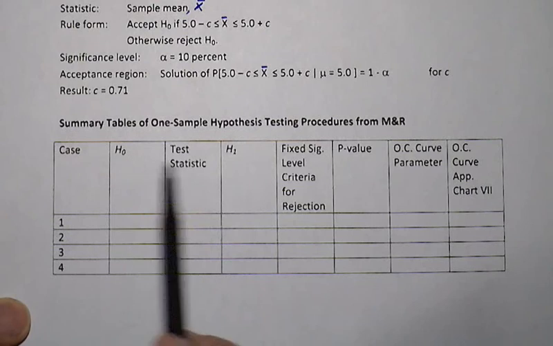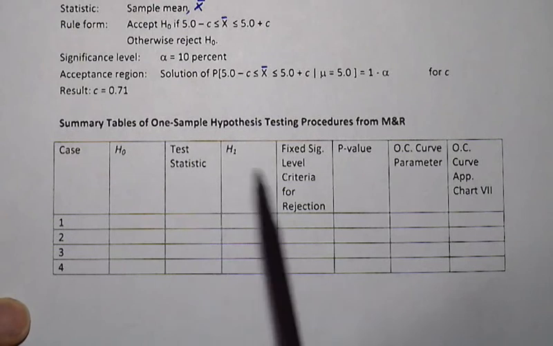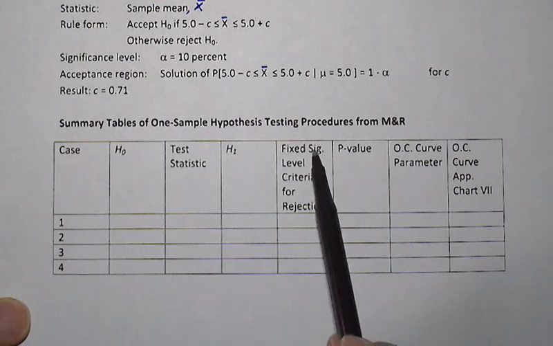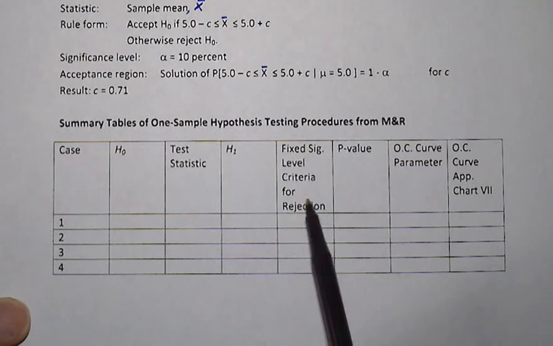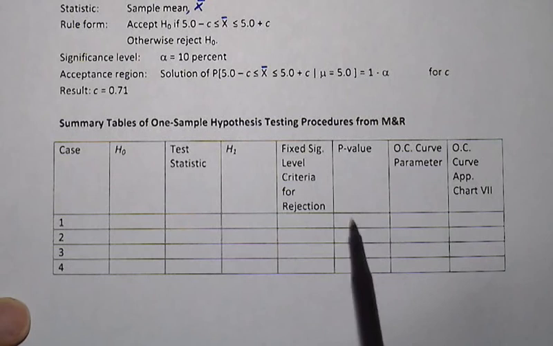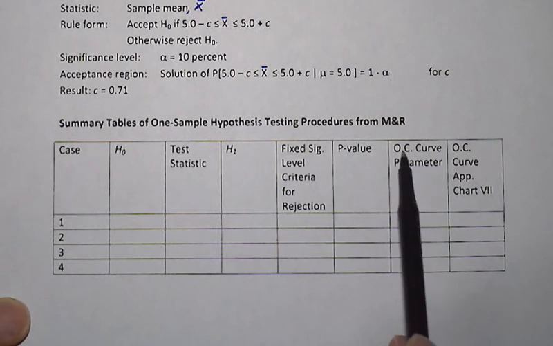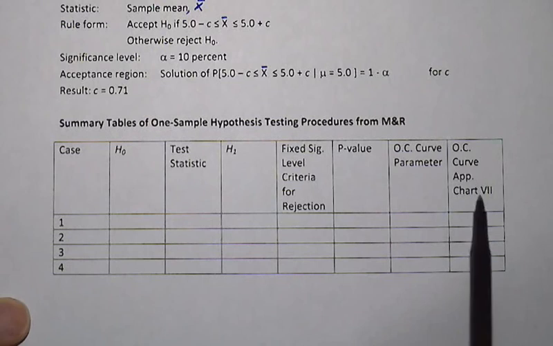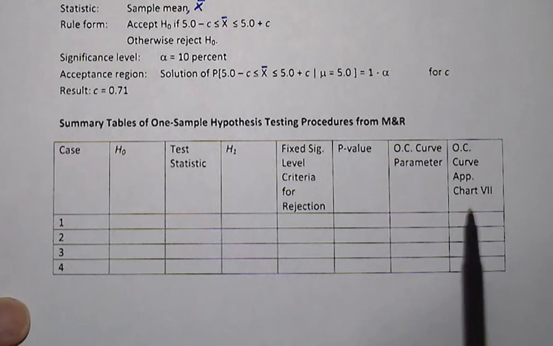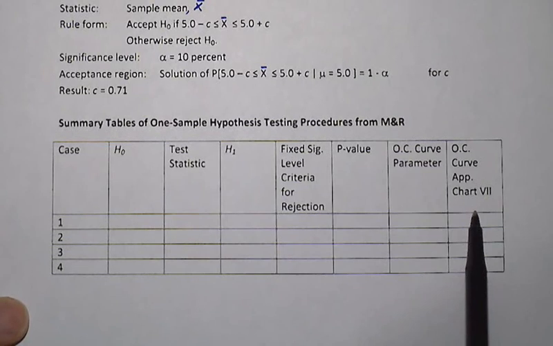There's your null hypothesis, the typical kind of statement, the test statistic that goes along with that, the alternative hypothesis, and if you're using a fixed significance level criterion for rejection, there's a table for that, the p-value and how you calculate it, and then this notion of the operating characteristic curve parameter and which chart. They have a whole lot of them, A through N, O, P, those non-dimensional charts that were referred to in a previous mini module. Okay, and so you'll see all that spelled out.